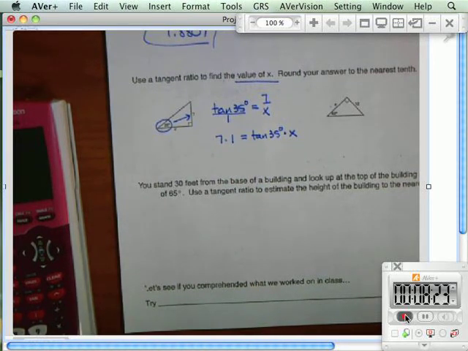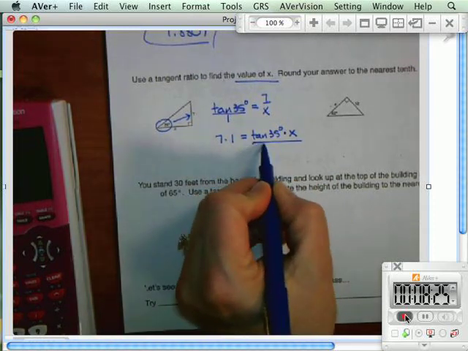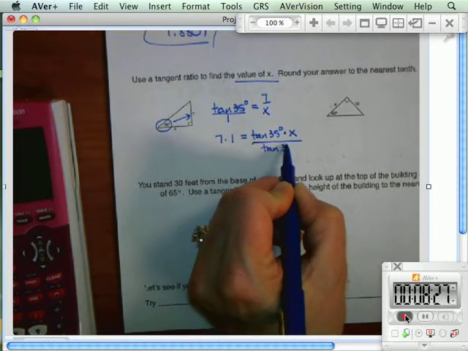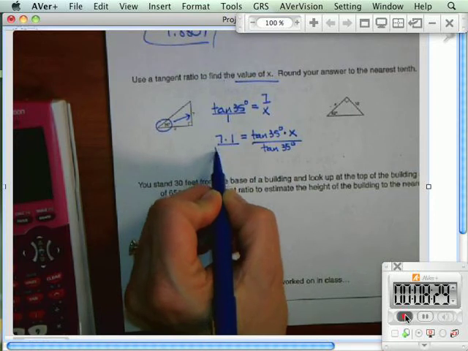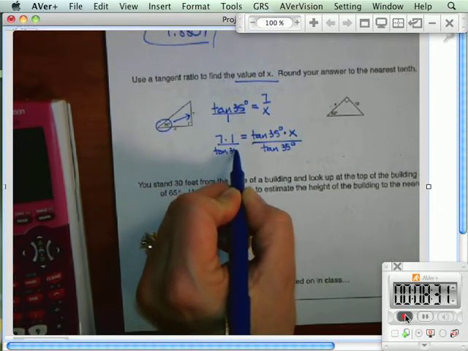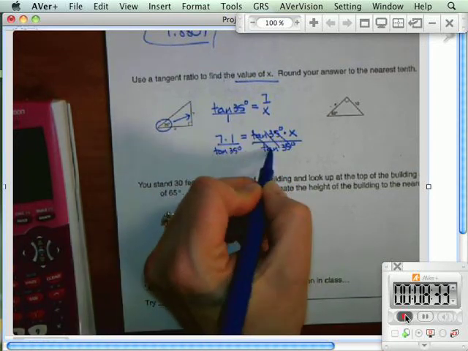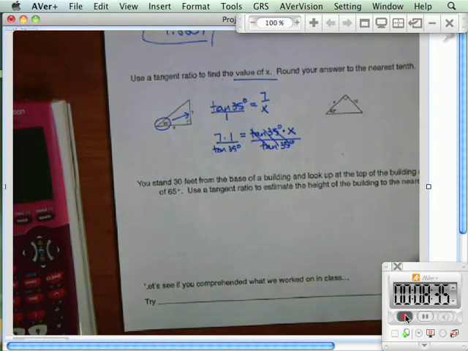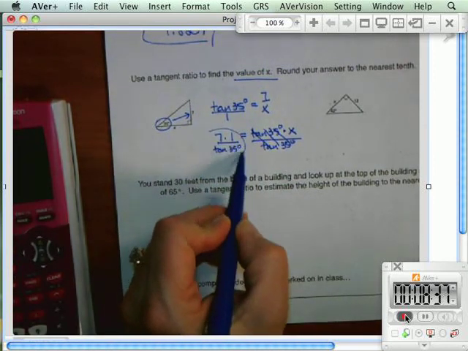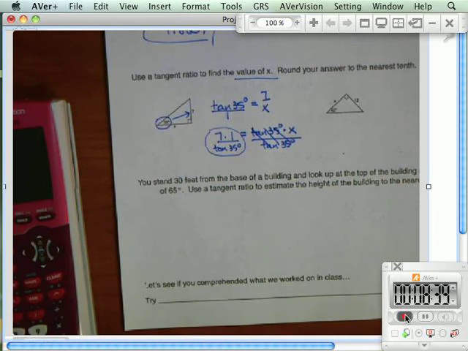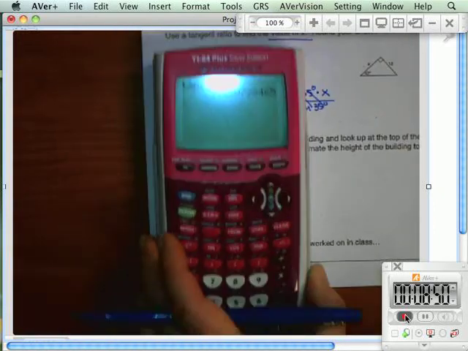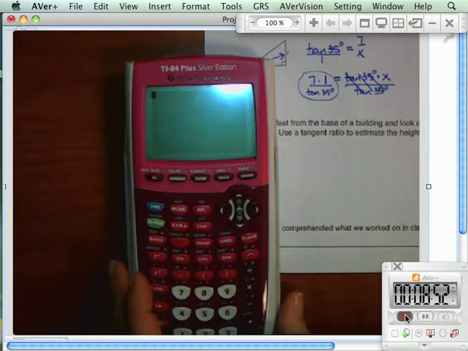Divide both sides by the tangent of 35 degrees, because that is a number of some sort. These cancel out. And what you have to do is go to your calculator and put this on it. 7 divided by the tangent of 35 degrees. And we have to round to the nearest tenth, so it's kind of a funky number.